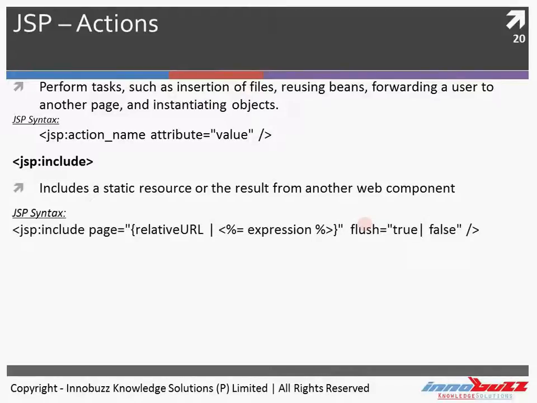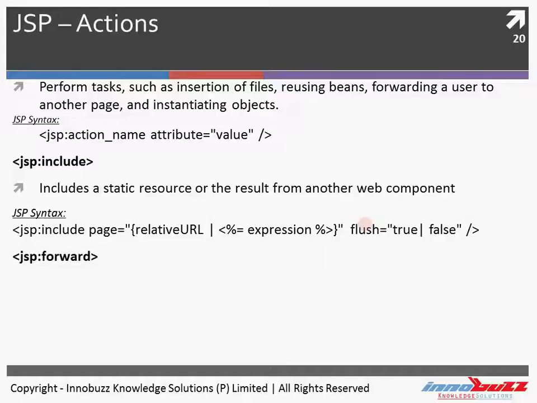The syntax is it has a page attribute, which will have the relative URL of the page which it has to include within the page, and there is a flush attribute which is true or false. So this attribute is also used along with it, where the flush Boolean attribute determines whether the included resource has its buffer flushed before it is included.